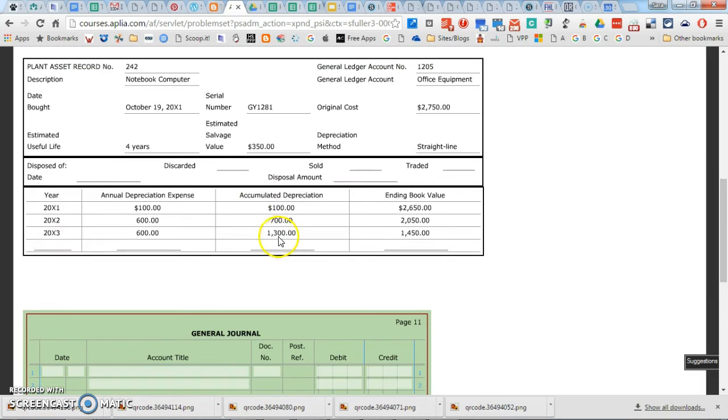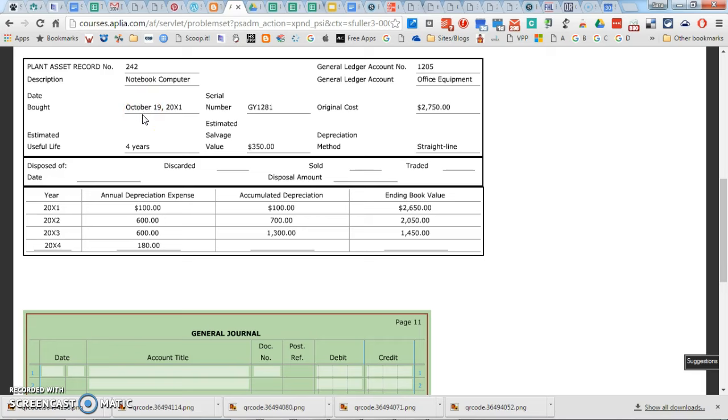And so then we're going to come up here and see what our accumulated depreciation would be. So this was $1,300, but they said that we sold it in year 4, so we need to go ahead and calculate that as well. So here we are, year 4. Our depreciation will be $180, and we calculated that because when did we sell this? July, and we bought it in October.